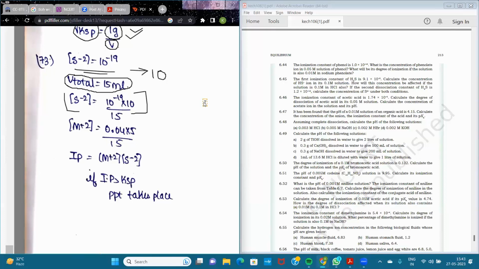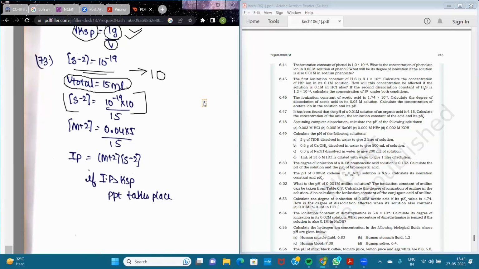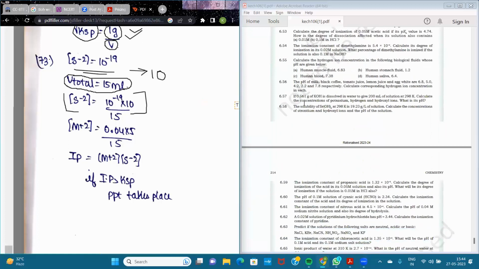If it is in the order of 10 power minus 5 or 10 power minus 6, then you can neglect alpha to reduce your calculation and you can easily perform the calculation accordingly. But you need to identify the ionization constant values and do further calculations. If neglecting is possible, then you neglect. If neglecting is not possible, then you don't neglect. If you neglect, you'll get a different value and you'll not get the correct answer.